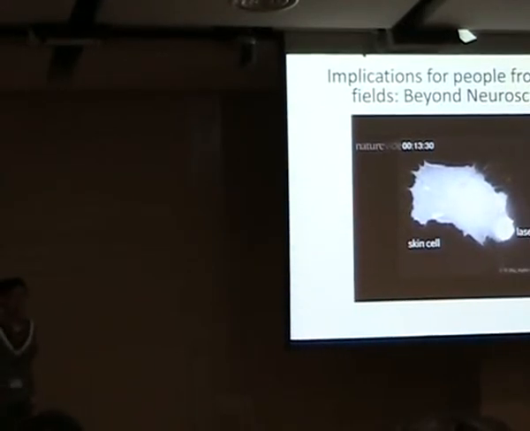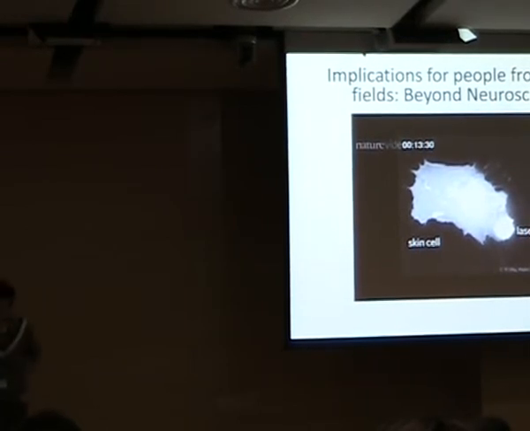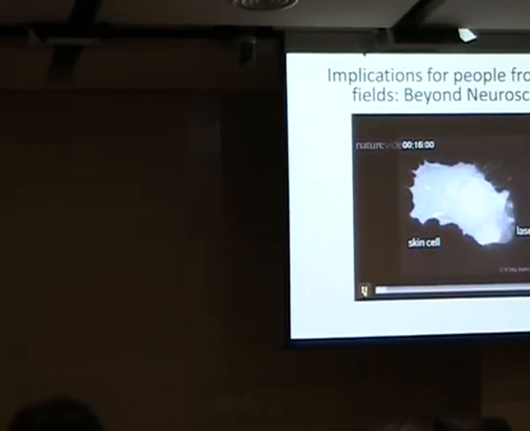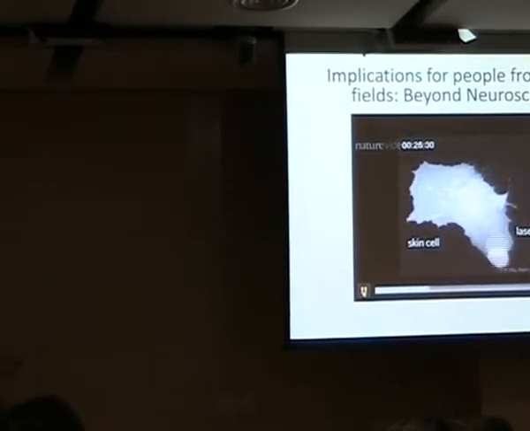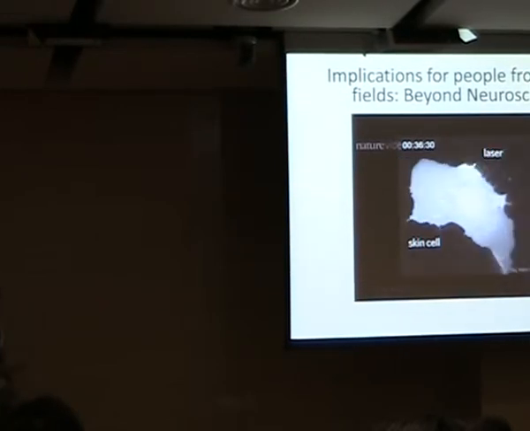So for those of you who are not neuroscientists, you're thinking, okay, this is great for the brain people, but what does it do for me? Actually, these tools are constantly being refined to control different cellular events. In this case, you can see that they are using a laser to control the movement of this skin cell.